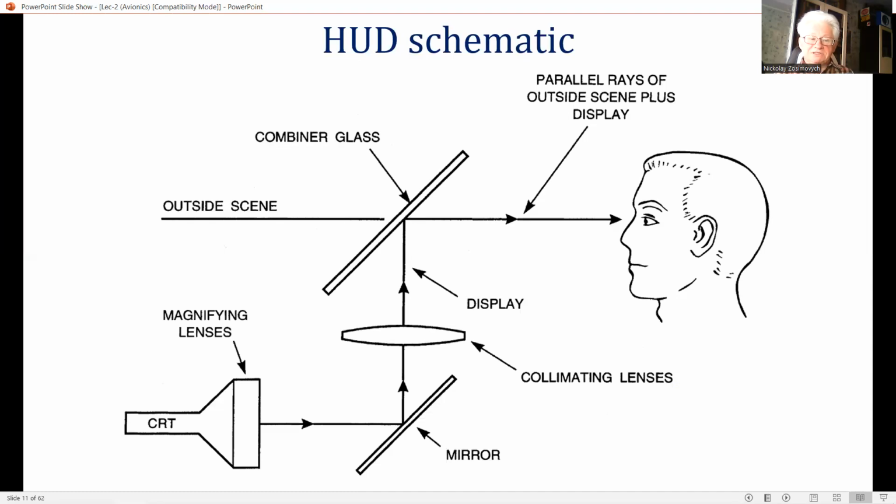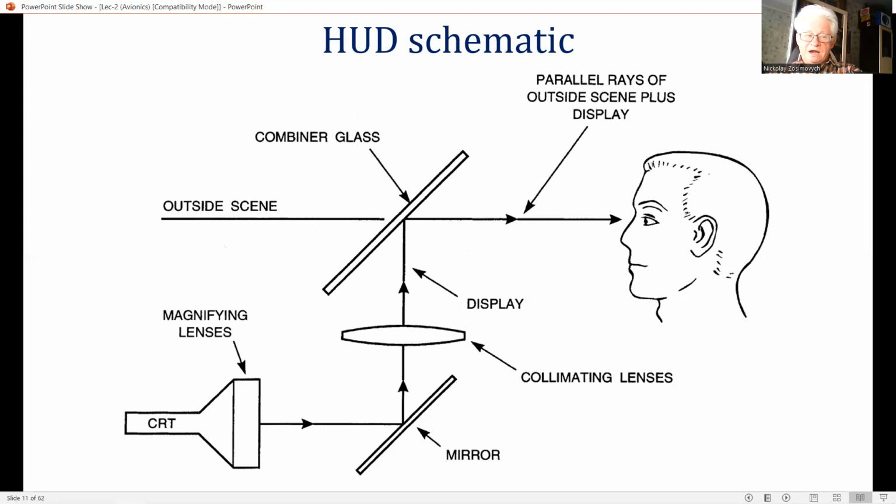The combiner glass is effectively a see-through mirror with a high optical transmission efficiency, so that there is little loss of visibility looking through the combiner and windscreen. It is called a combiner as it optically combines the collimated display symbology with the outside world viewed through it.